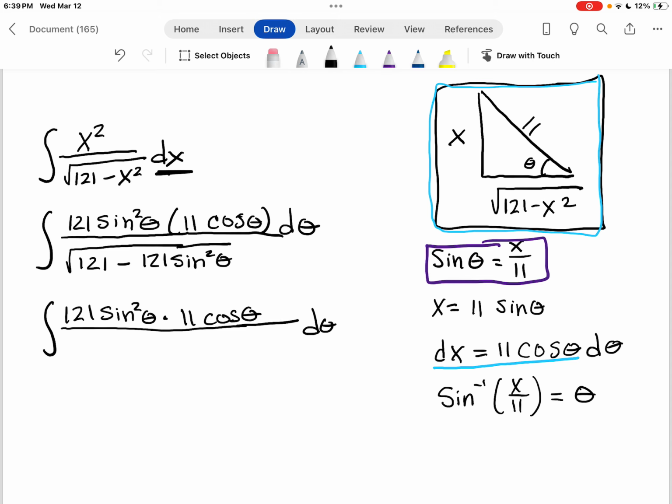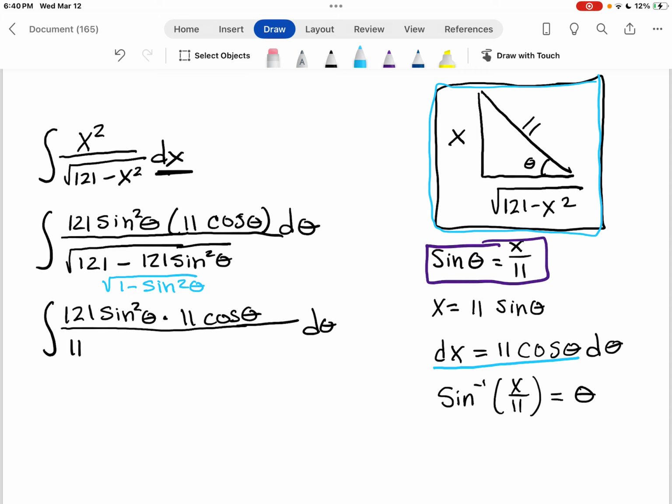Now, in the denominator, we have the square root of 121 minus 121 sine squared theta. 121 is in both of those terms under the square root, so I'm going to factor out a 121, and then I can pull the 121 out from under the square root as 11, because 11 squared is 121. So I'm going to have 11 here. What's left under the square root would be 1 minus sine squared theta.